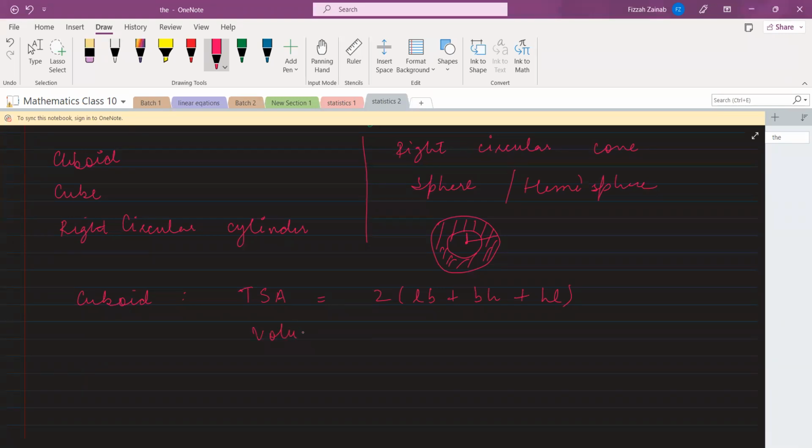So volume, what is the volume of cuboid? Simple, length into breadth into height, right? Okay. Cube, you know, all the lengths are same, so the volume will be l cube only, right? Okay.